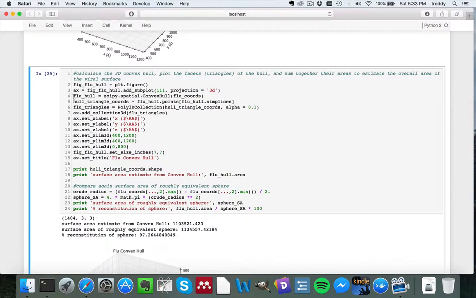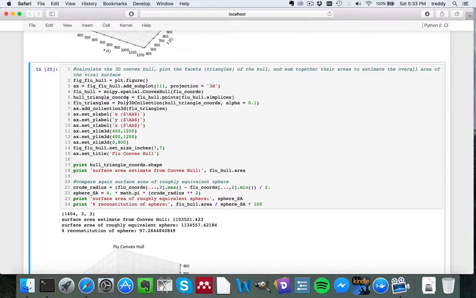So here we're going to explicitly pull out the hull triangle coordinates using the instance of the ConvexHull class, so flu_hull.points, which is just the original data points. And then we're going to index those points using the indices of the simplices. And simplices in this case is basically just a fancy word for the fundamental polygons, so the triangles that are used as the fundamental units of the convex hull.